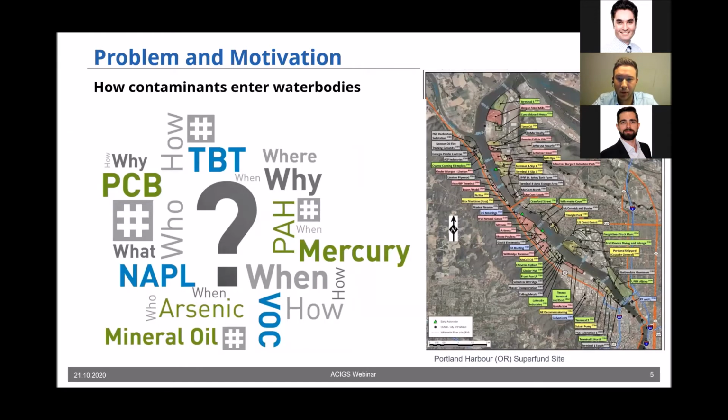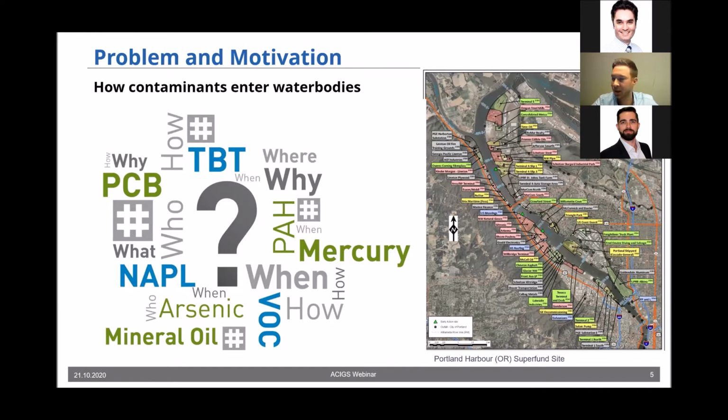When it comes to the question of how to remediate a site, it's always very important in the beginning to do site characterization. And of course, we have to know in the beginning what types of contaminants are there. When you read the lab reports, you can see all these abbreviations like TBT, PCB, NAPL, PAHs, VOC.